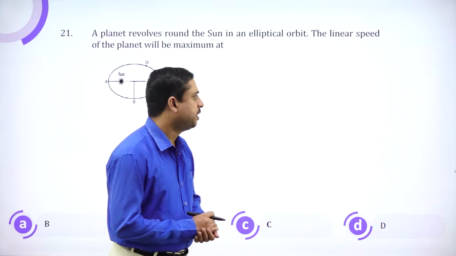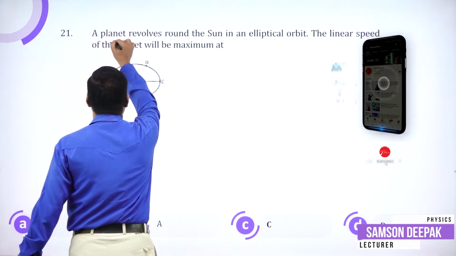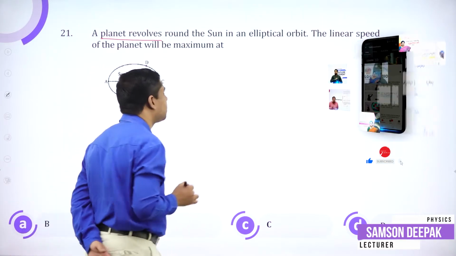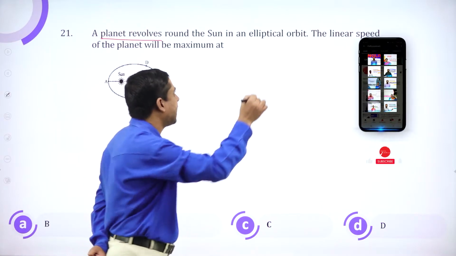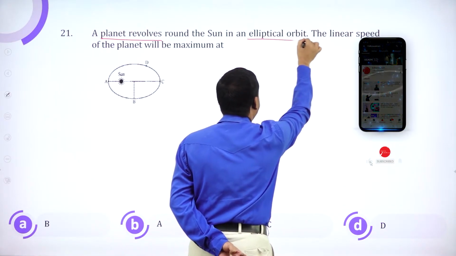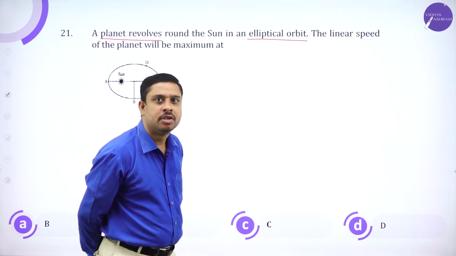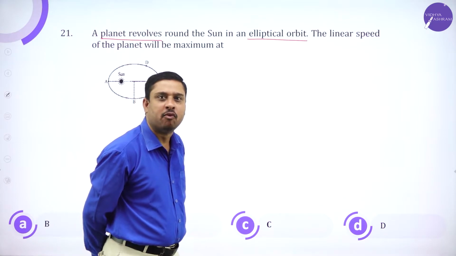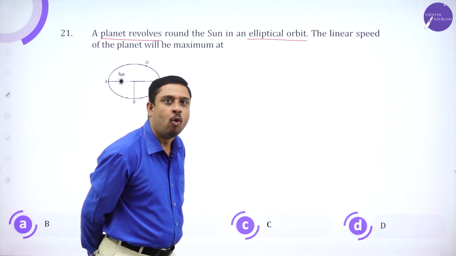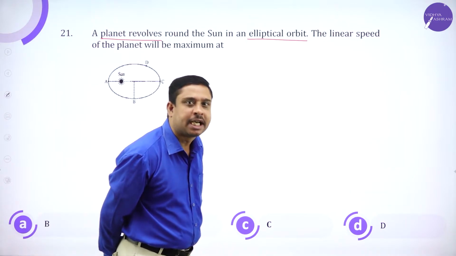The next question. The question says, a planet revolves around the sun in an elliptical orbit. So there is a planet which is revolving round the sun in an elliptical orbit.